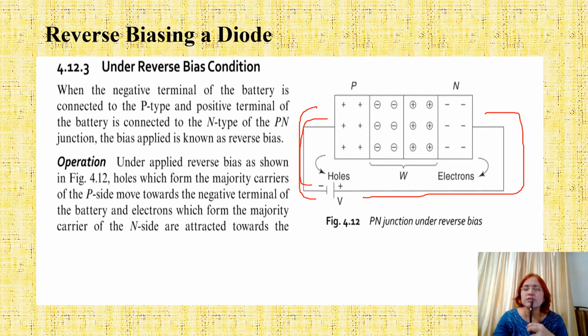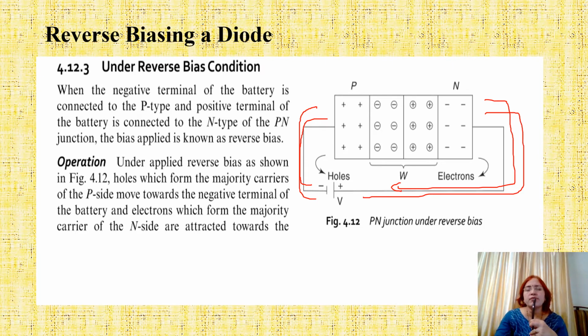Similarly, the electrons will get attracted by the positive terminal of battery and they will move away from the junction in this direction, and therefore width of the depletion region increases. So correspondingly barrier potential increases and there is theoretically no flow of current in the external circuit of the diode, and current is theoretically zero.